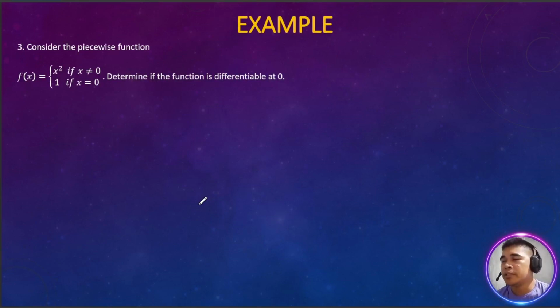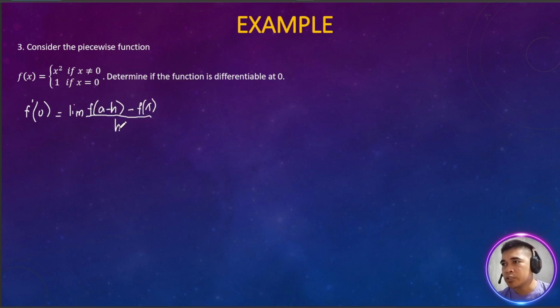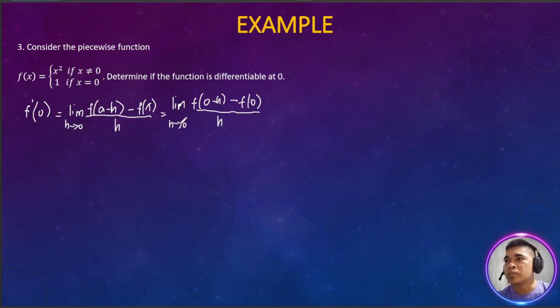So first, we will apply the limit theorem. The derivative of the function f at a is equal to the limit of f of a minus h minus f of a, all over h, as h approaches 0. Here our a is 0, so we get the limit of f of 0 minus h minus f of 0, all over h, as h approaches 0.